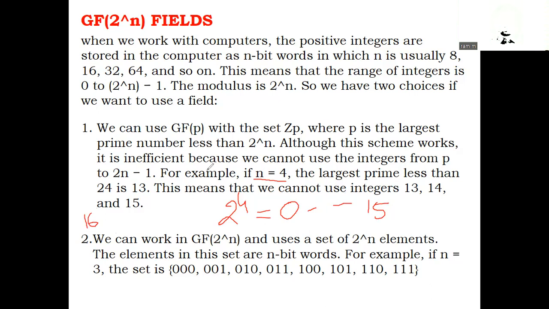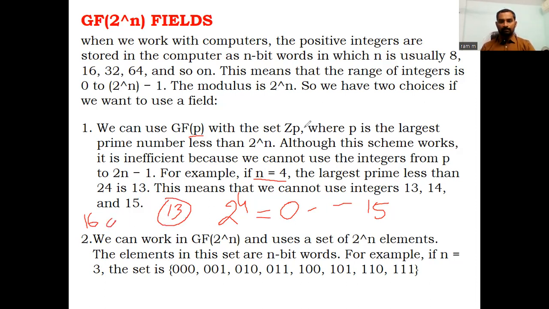Now, Galois field says that the P value should be a prime number. The largest prime number between 0 and 15 is 13. So I should take up to 13 only. If I take 13, the values will be 0 to 12 only.